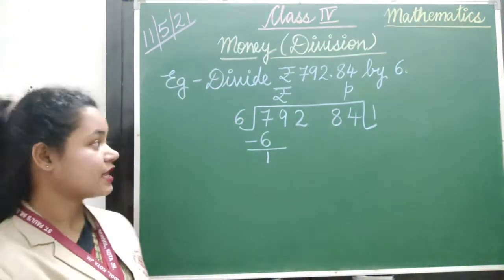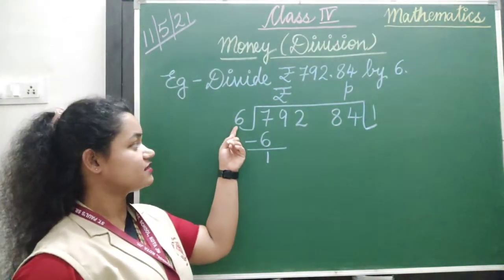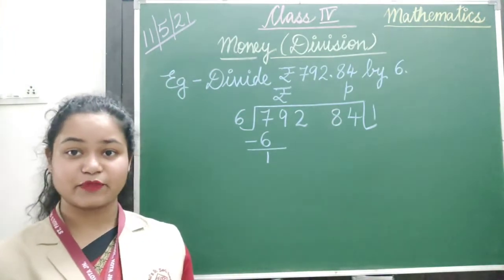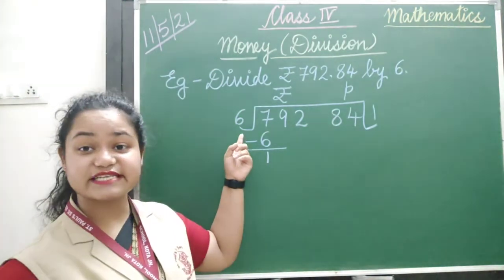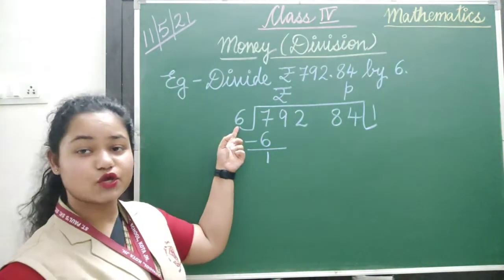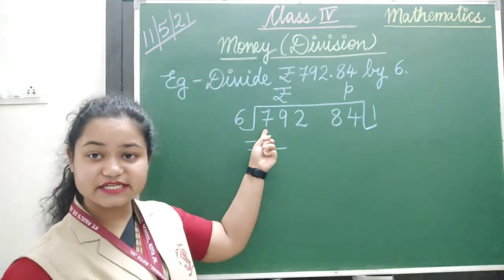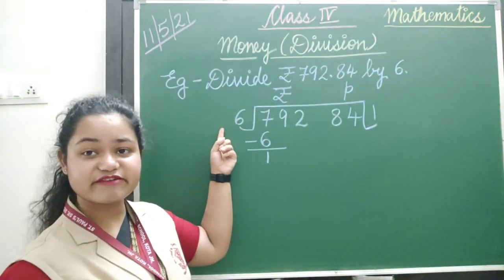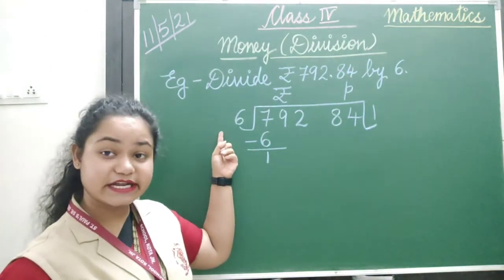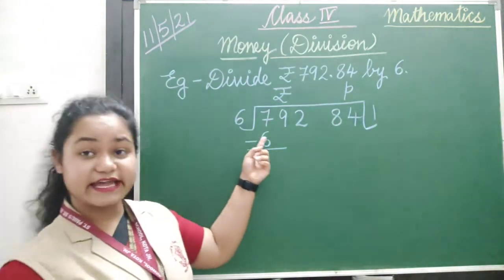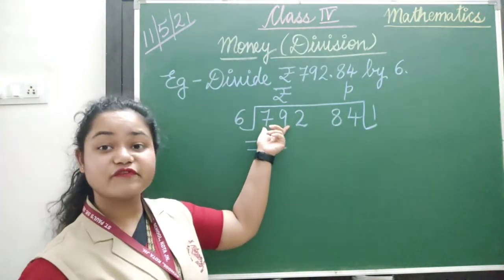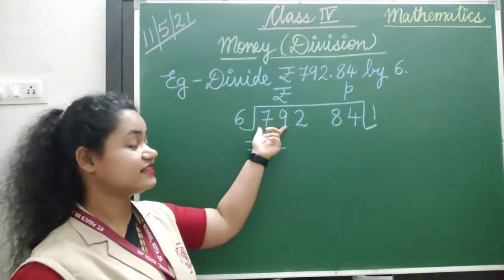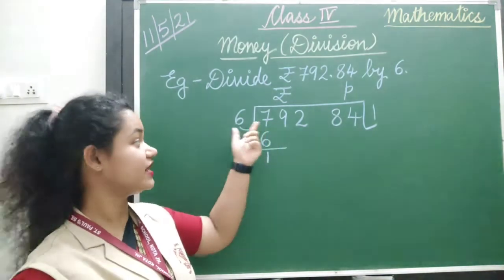Here you have to see how many digits the divisor has. If the divisor has 1 digit, you pick the first digit and see whether that number is greater than your divisor or not. If it is not greater, then you take the first 2 digits together and see whether that number is greater than your divisor.